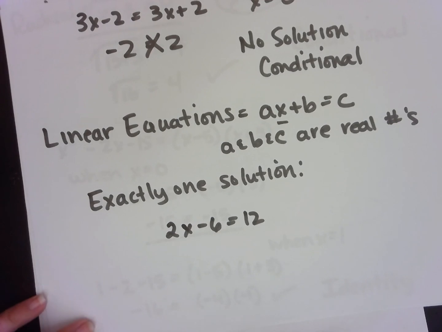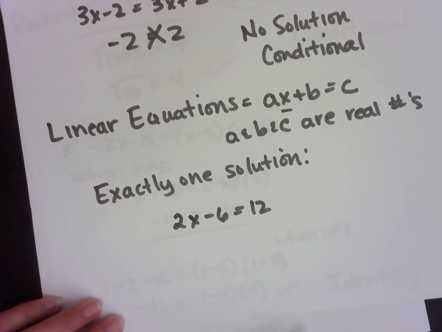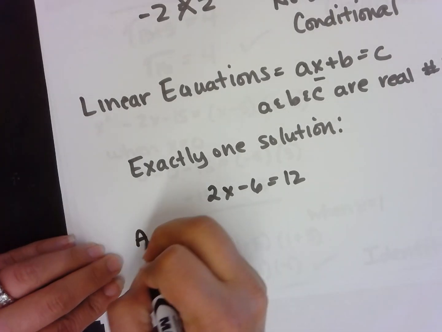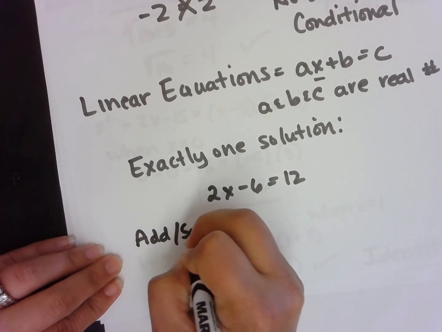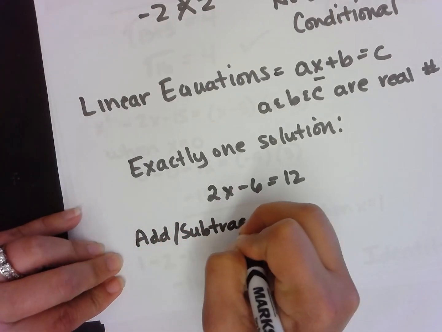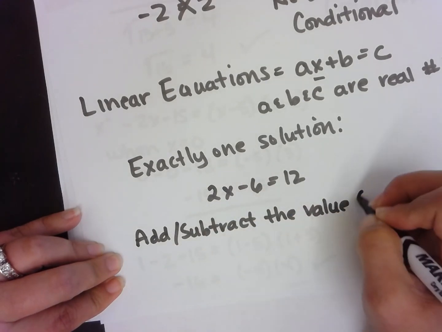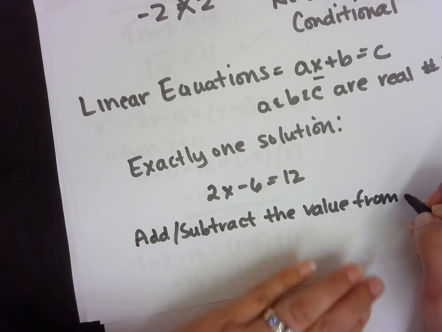And we do that by using some different properties. Some things that we're allowed to do with linear equations, actually with any equation, is we are allowed to add or subtract the same value from each side of the equation. It's like a balance scale.